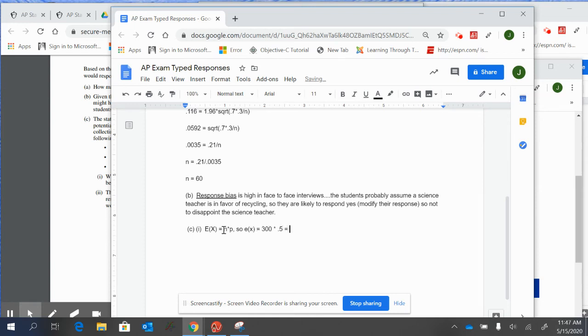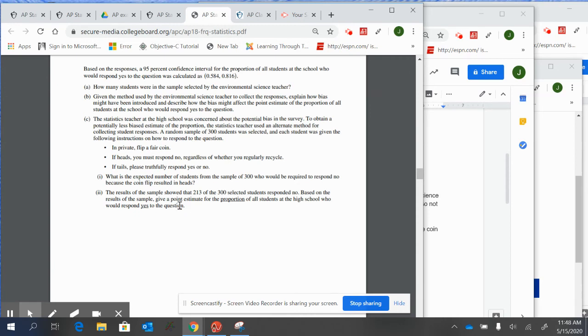That's the chance of getting heads. So, pretty simple. Expect 150 to have to say no based on the flip, 50% chance of heads. It seems too simple, but I'm trying to make sure that they can't take off for not fully responding.